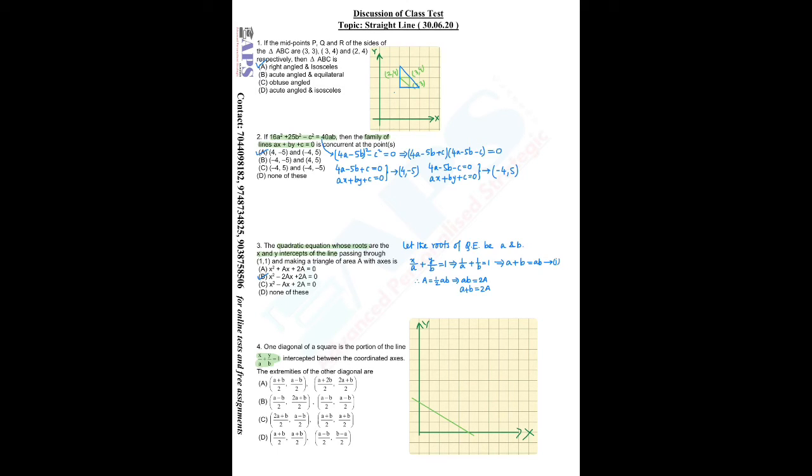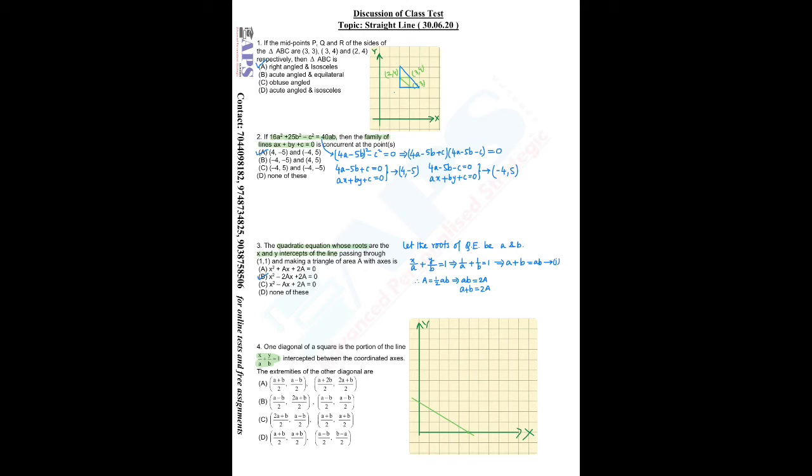Now this portion between the axes, say a and b, is one of the diagonals of the square. So if this is one of the diagonals, what is the other diagonal? The other diagonal will be perpendicular to this and also of the same length.